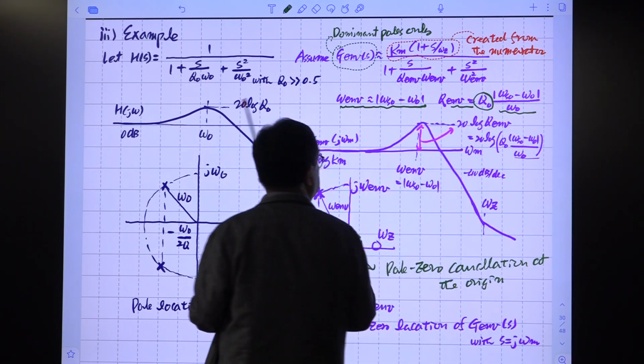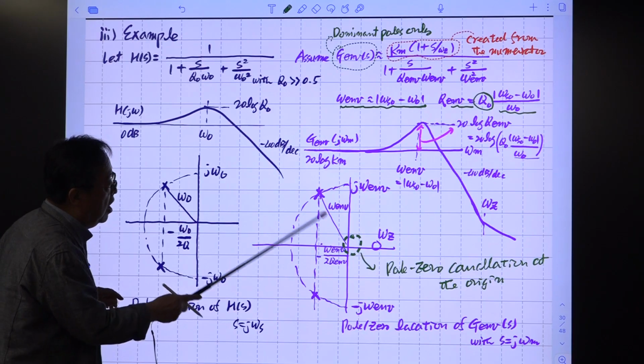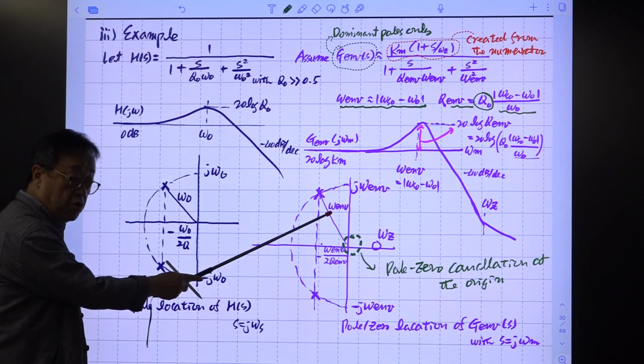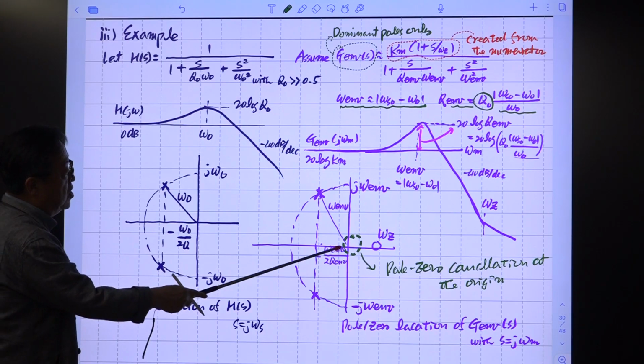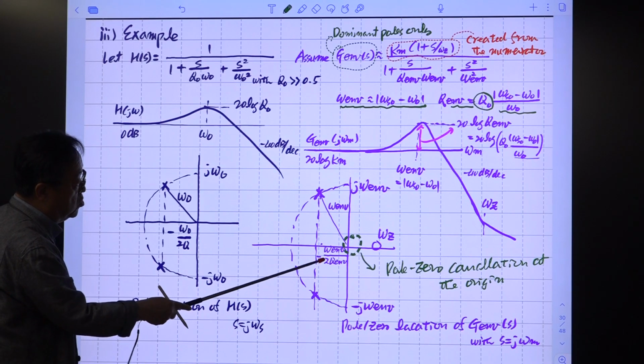The location of the denominator poles: one is here, another one is here, and the distance from the origin to the pole is just this omega EnB. Its x coordinate on the negative real axis is this one.